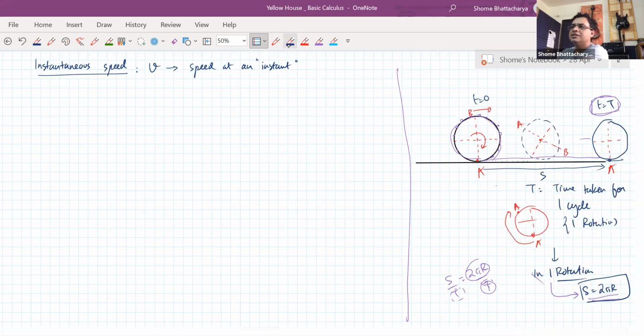So in other words, what is instantaneous speed? Instantaneous speed is also distance upon time, but the difference is it is distance upon time for a very, very small interval of time. And some of you have given this answer very precisely. I was happy to understand that. Okay, so it is like average speed.